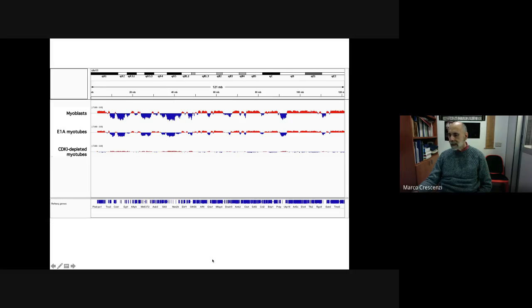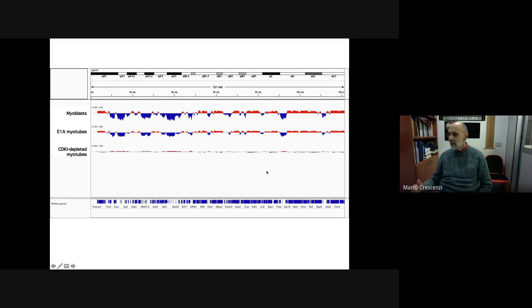We are doing similar experiments with fibroblasts to determine whether even there CDKI suppression impairs DNA replication timing. At this time, preliminary experiments suggest that it does, but not as profoundly as in myotubes.